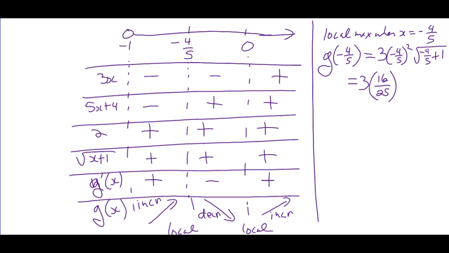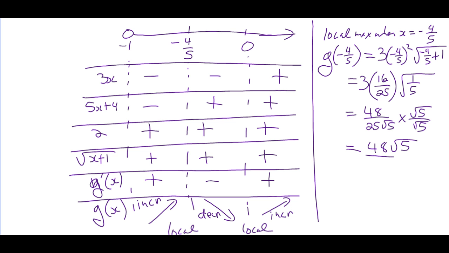And then negative 4/5 plus 1 is 1/5. And so we've got the root of 1/5. And so what do we got? We got 48 over 25 root 5, times root 5 over root 5. So the root of 1 is just 1, right? So we got that root 5. We'll rationalize the denominator, giving us 48 root 5 over 125.